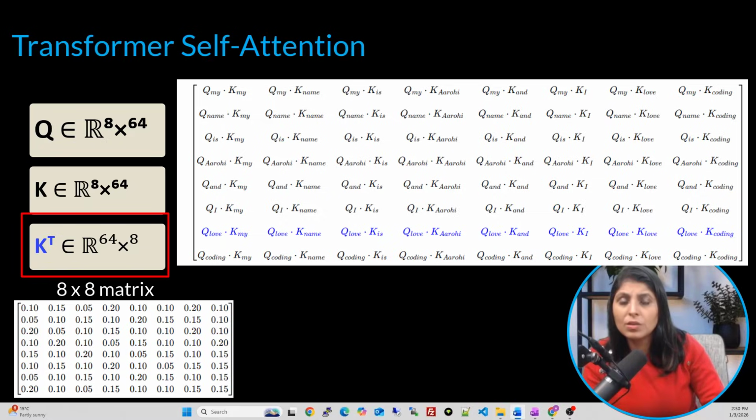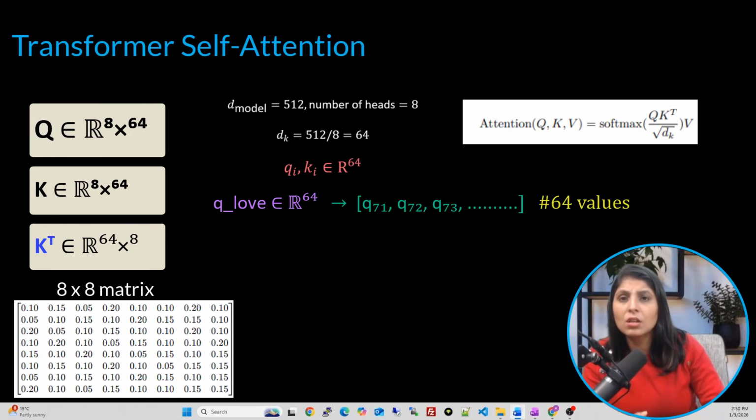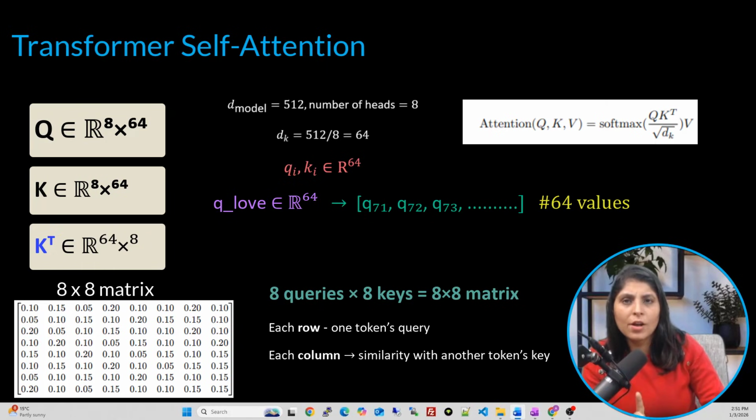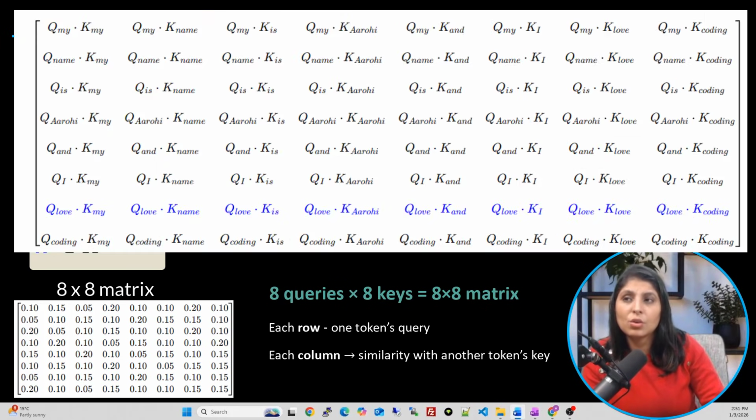Now the matrix multiplication will work because the inner dimensions are matching. So you got 8 into 8. Now what does this 8 into 8 matrix mean? Each row means one token's query, and each column means the similarity with another token's key. So this kind of matrix you will get. See, this is an 8 by 8 matrix, and this is the query of love, which I have explained to you. And in the same way, you will perform for other tokens.